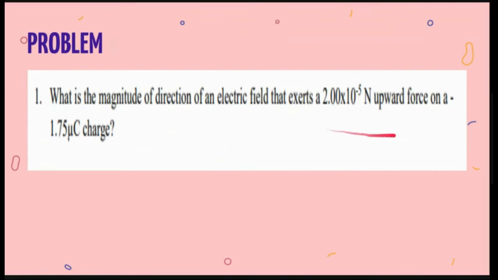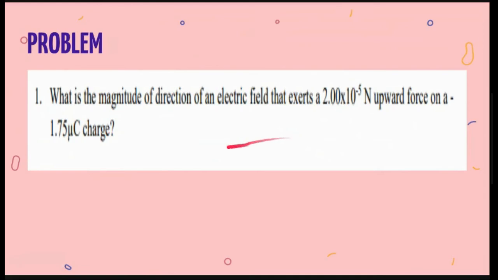Now we have an upward force of 2 times 10 to the negative 5 newtons and a charge of 1.75 microcoulomb. So what equation do we need to use? Are we going to use equation 1 or equation 2? Very good. We're going to use equation number 1, which is E is equal to F all over Q naught.